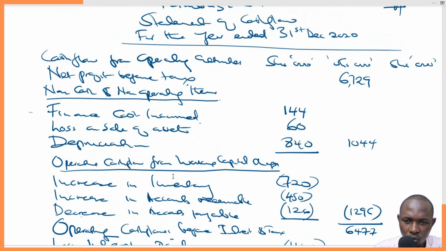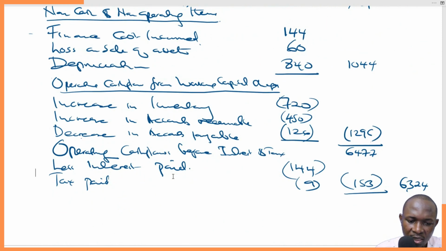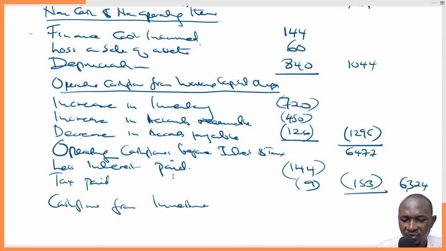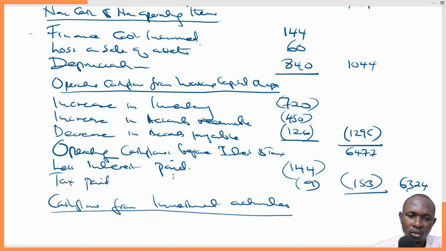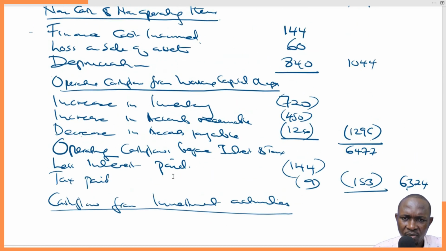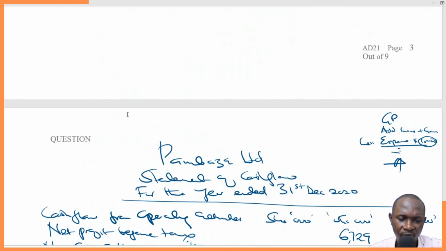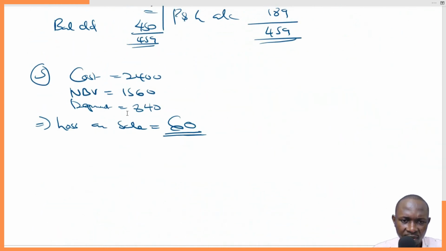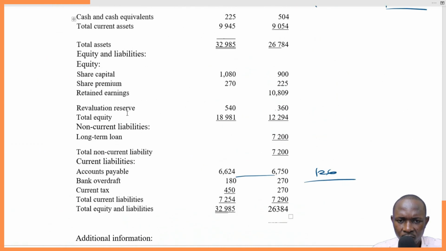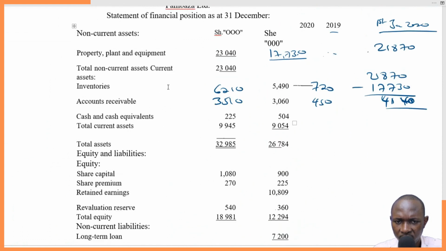Then we go to the next item, cash flow from investment activities. Cash flow from investment activities will basically look at the flow of just the comparisons.